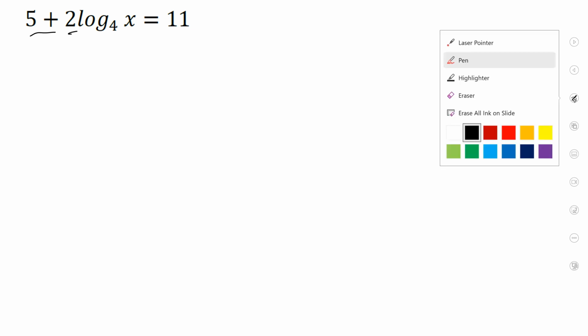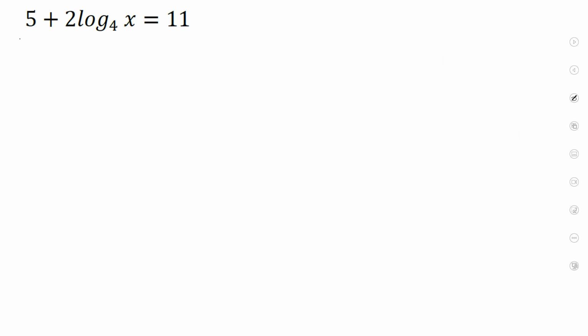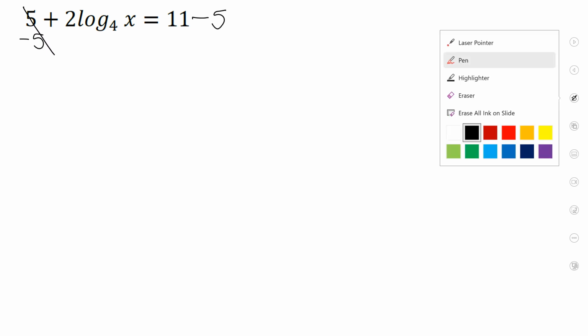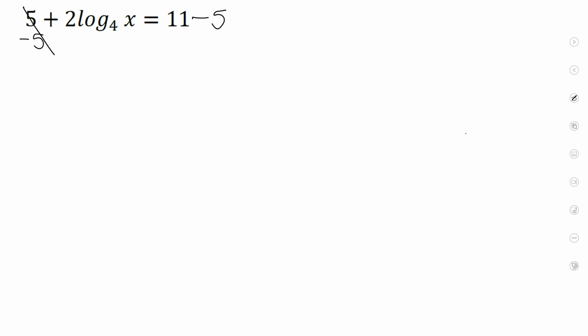So what I'm going to do first is I'm going to subtract 5 and subtract 5. So what I'm left over with is 2 times log base 4 of x equals 11 minus 5 is 6. We're almost done isolating.